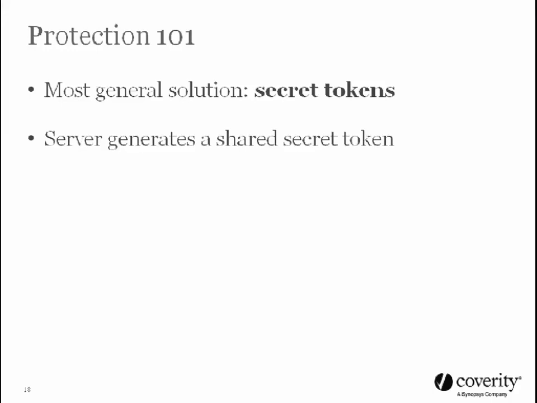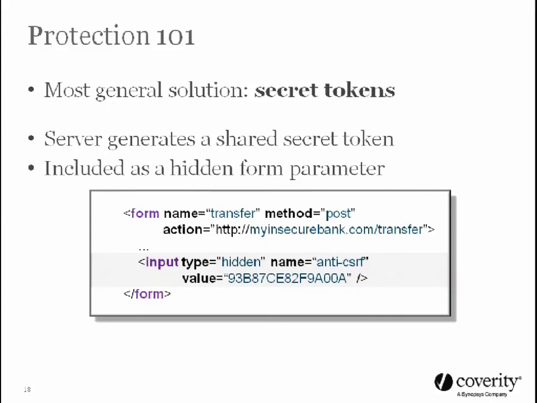So the most general solution, and the one that we see most often in code, is the use of secret tokens. So the way that secret tokens work is that the server generates some shared secret between you and the legitimate client. This is included as a hidden form parameter. So here we've got some HTML form that does something, the canonical transfer, for example. And it's got a hidden input that we inserted.